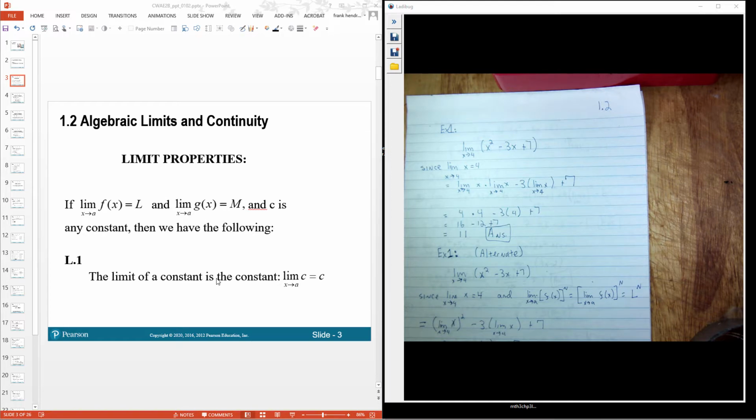The limit of any constant is a constant. As x approaches a, the limit of a constant is the constant. The behavior of the output is going to be a constant, no matter what a is.